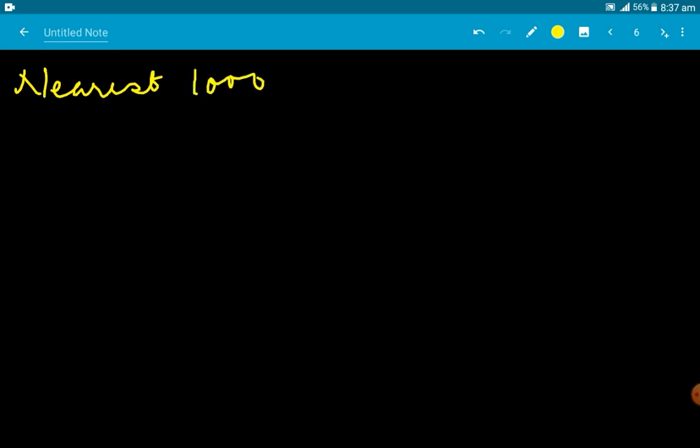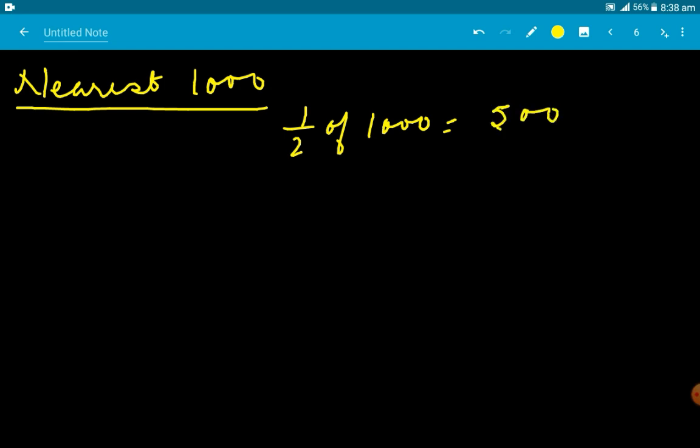Now the nearest 1000. I hope it's quite clear. Now you tell me, if we have to round off a number to the nearest 1000, what will you do first of all? Yes, half of 1000. Half of 1000 means 500. It means we have to see if the last three digits are equal to 500 or greater than 500, then increase the thousands place, otherwise no increase in the thousands place.